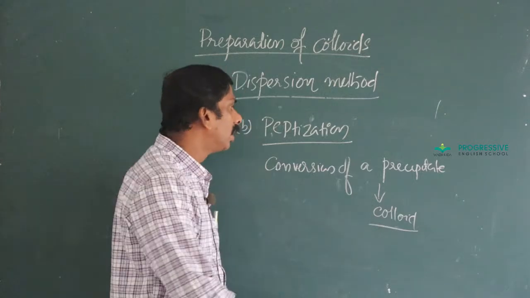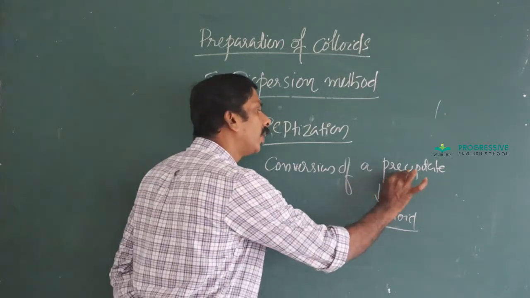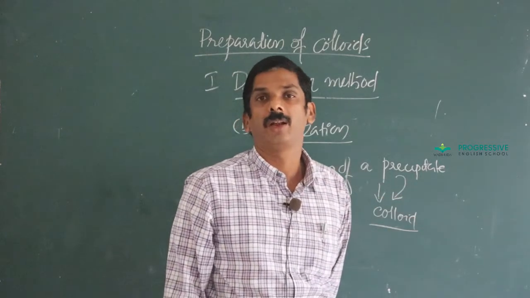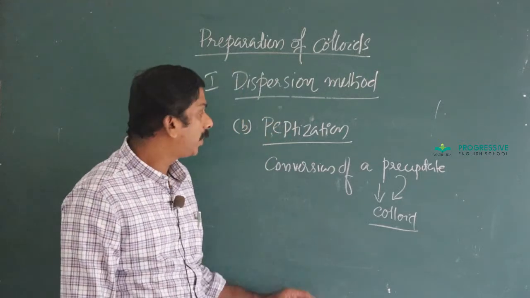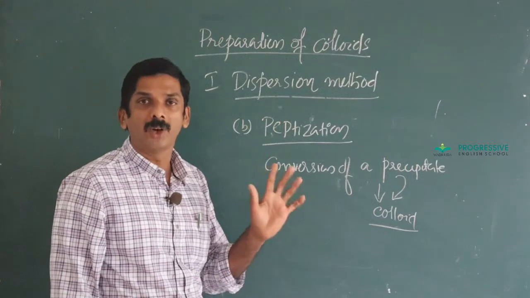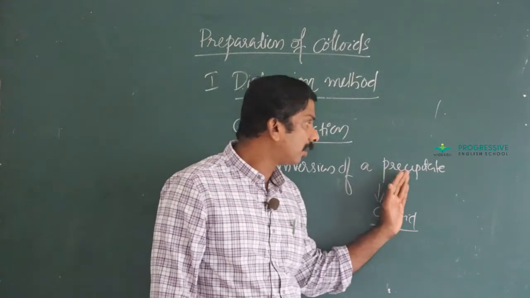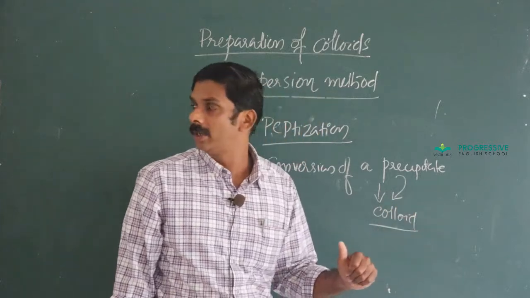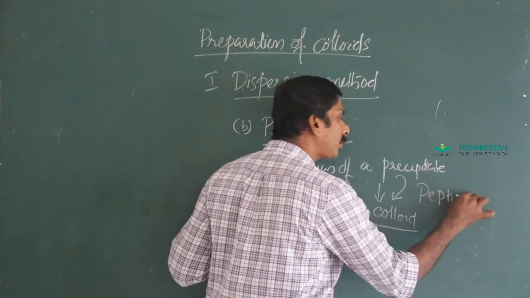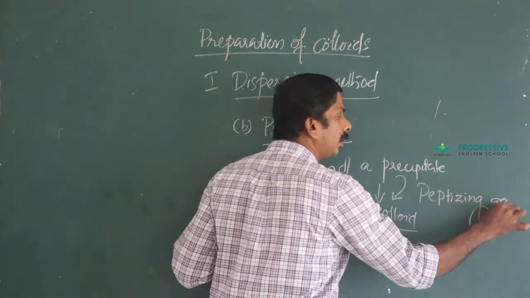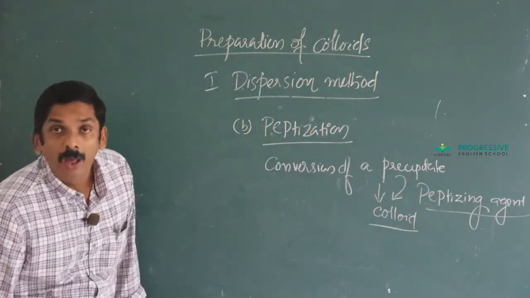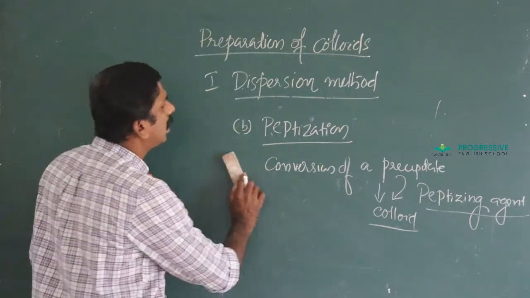That is, the process of conversion of suspended particles into colloidal particles is called peptization, and the reagent used for that conversion of the suspended particles into colloid is called a peptizing agent. Okay, you can easily understand.